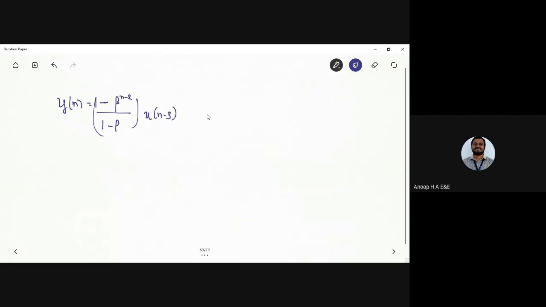I can write it for n greater than or equal to 3, or use n minus 4, whatever the values I can consider here.